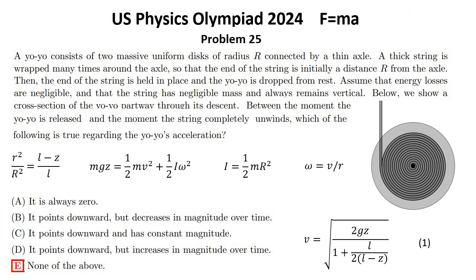In particular, changing how small r depends on z, or the moment of inertia of the disk, won't change the answer. And this was the solution to problem number 25.